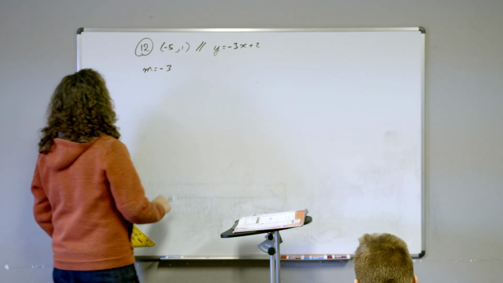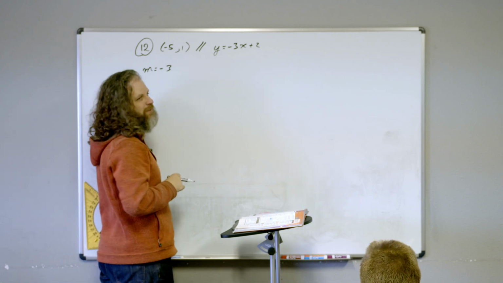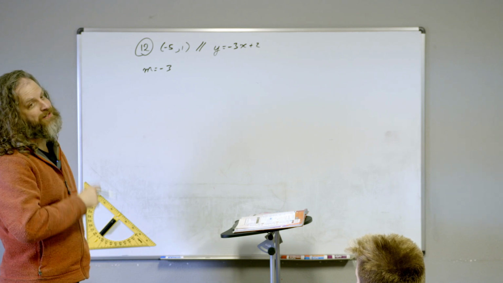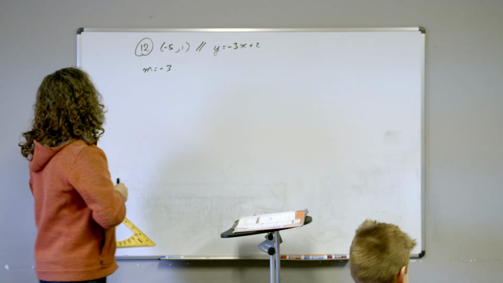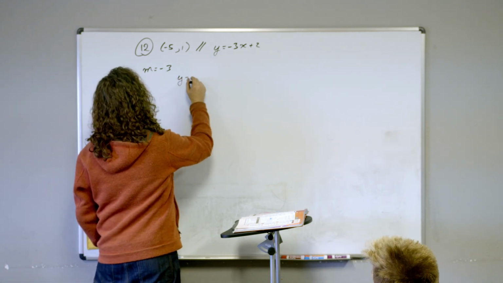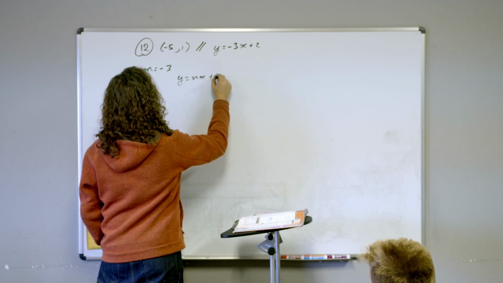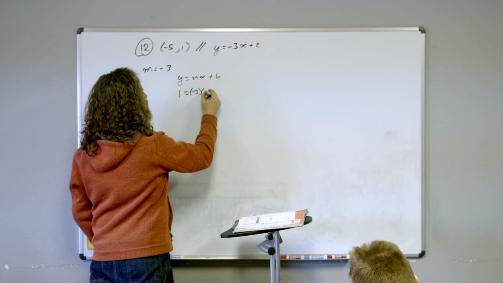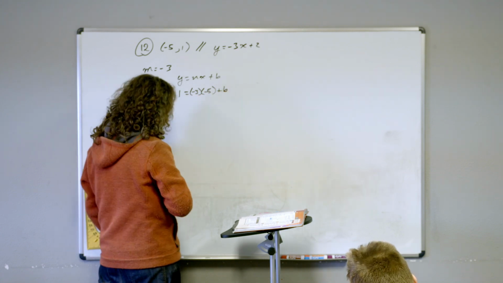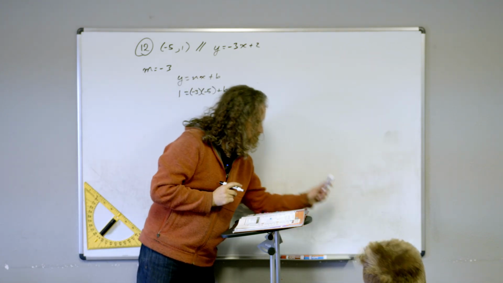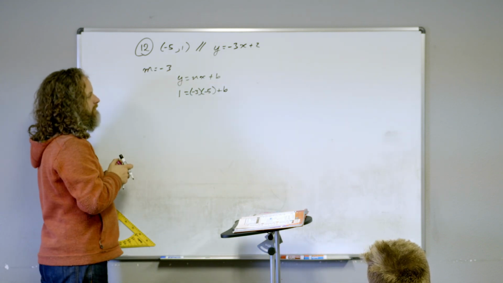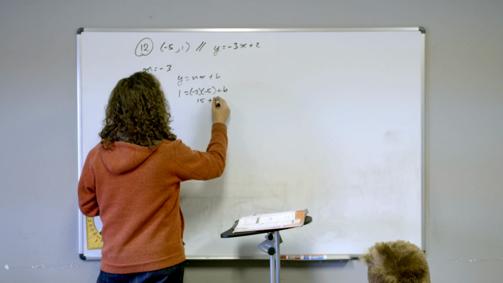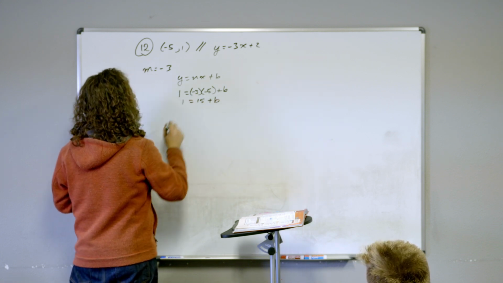Now what? Put in the points, probably. There's only 1 point, but that's probably what you meant. What do you mean, -5 and 1? That is 1 point, 2 numbers. Oh, got you. It's 1 equals negative 3 times negative 5 plus b.